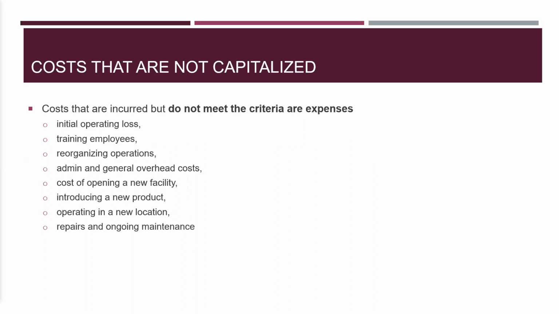These include initial operating losses, any money the business has spent on training employees, reorganizing the operations, general administrative overhead costs, the cost of opening a new facility, introduction of a new product, operating in a new location, and any repairs and ongoing maintenance. Any expense item that does not meet the criteria will have to be expensed.